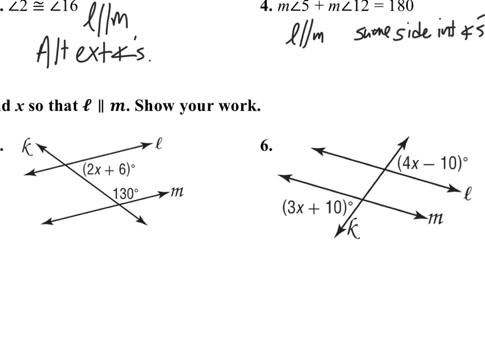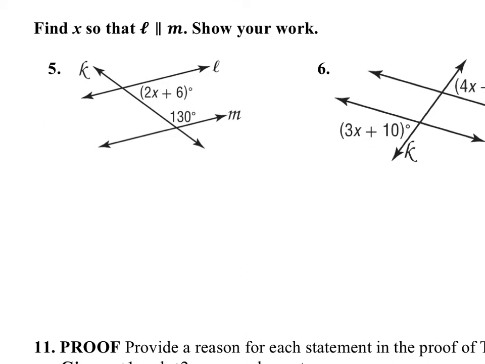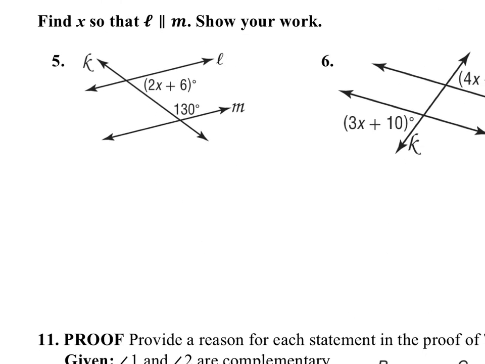Let's take a look at number 5, and it says find x so that lines L and M are parallel to each other. If lines L and M are parallel and they're cut by a transversal K, then these two angles would have to be supplementary.